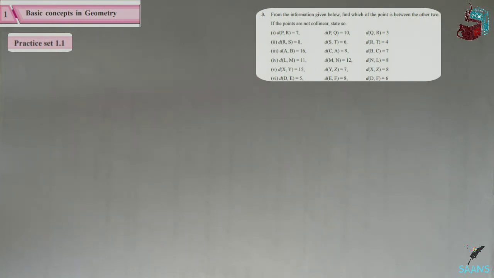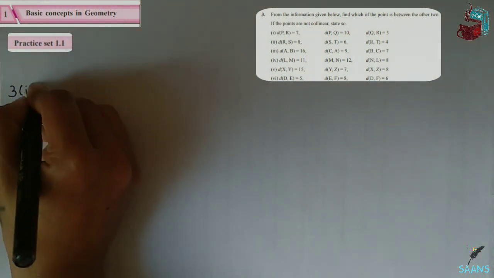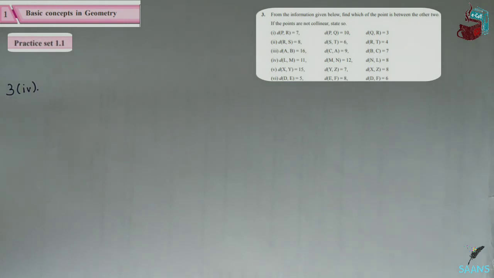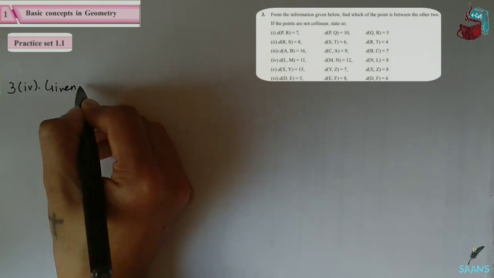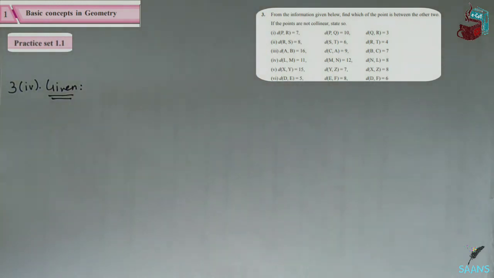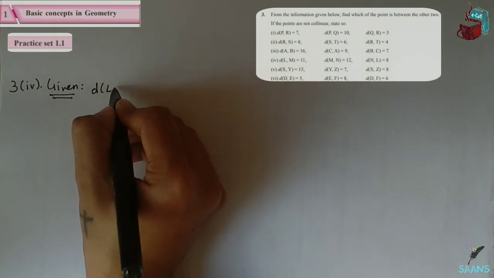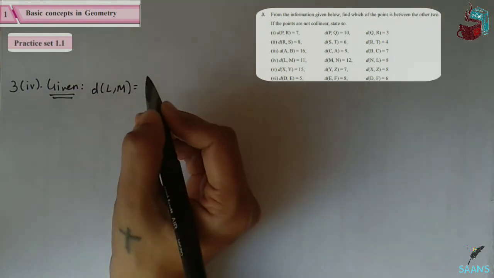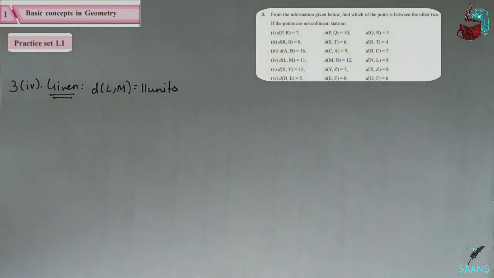Let's do sum number 4 instead. Question 3, sum number 4. Given: distance L comma M is equal to 11 units.